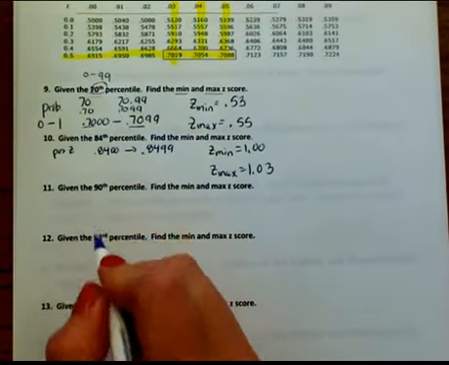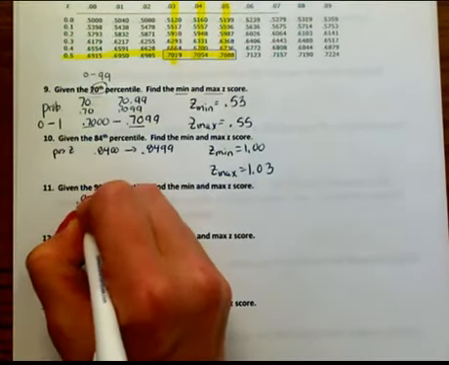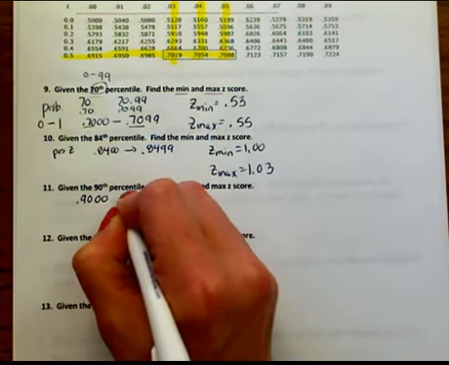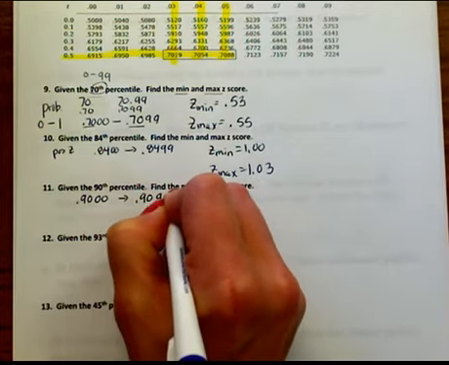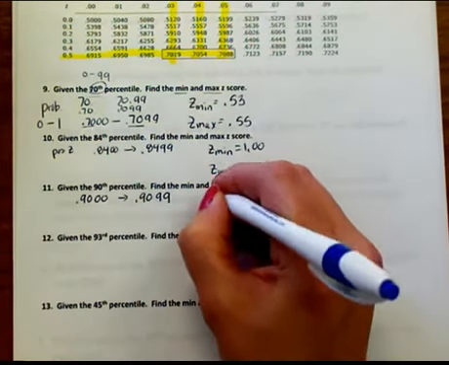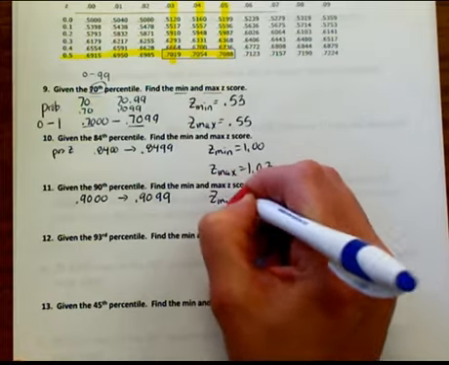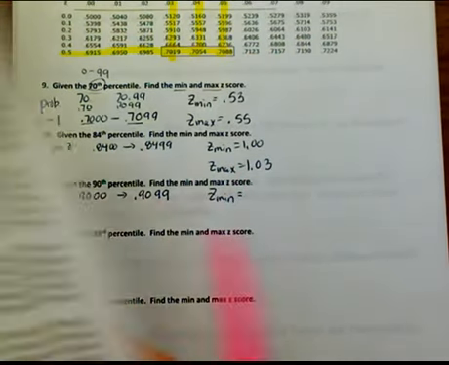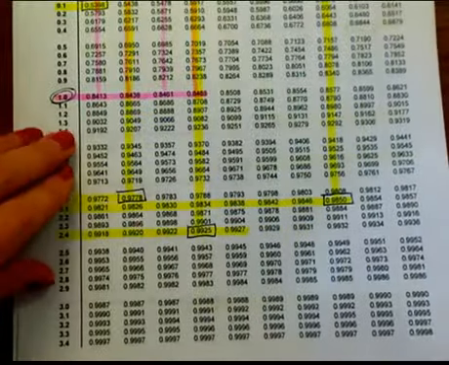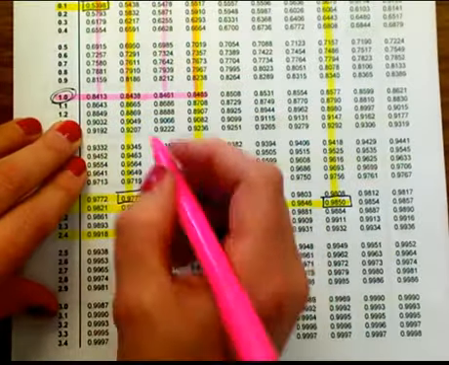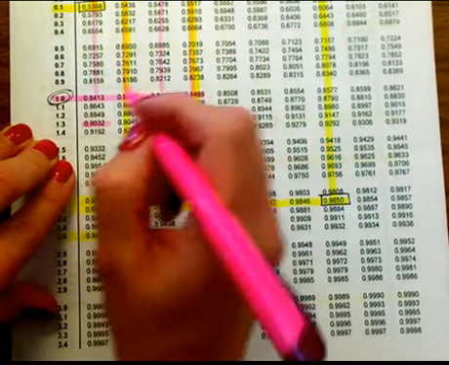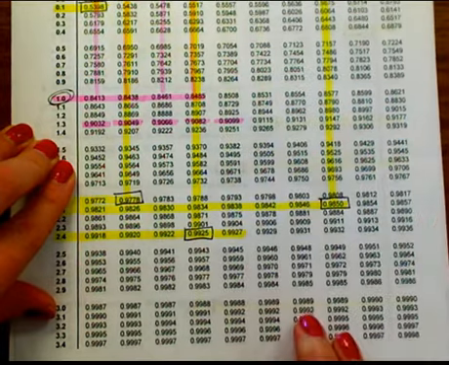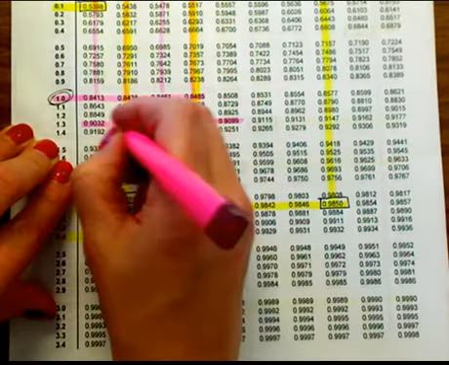Okay, 90th percentile, so that's from 0.9000 all the way through 0.9099. Z-min, so 90. Here's a 90, 0, 0, 0. Then I'm going to look backwards.